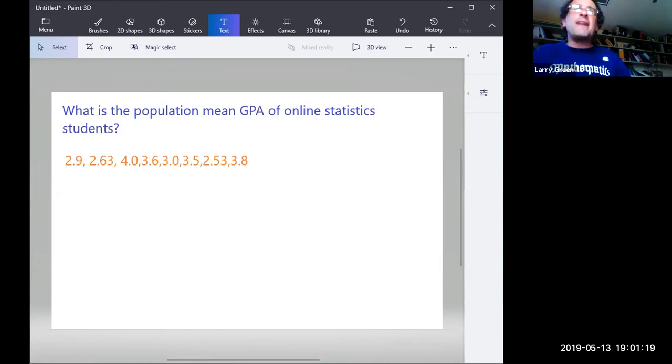And why might that not be enough? What do you think? What might be the problem with doing, say, 31 people? It gets us over the issue of having to make that assumption, but what's the problem with it?